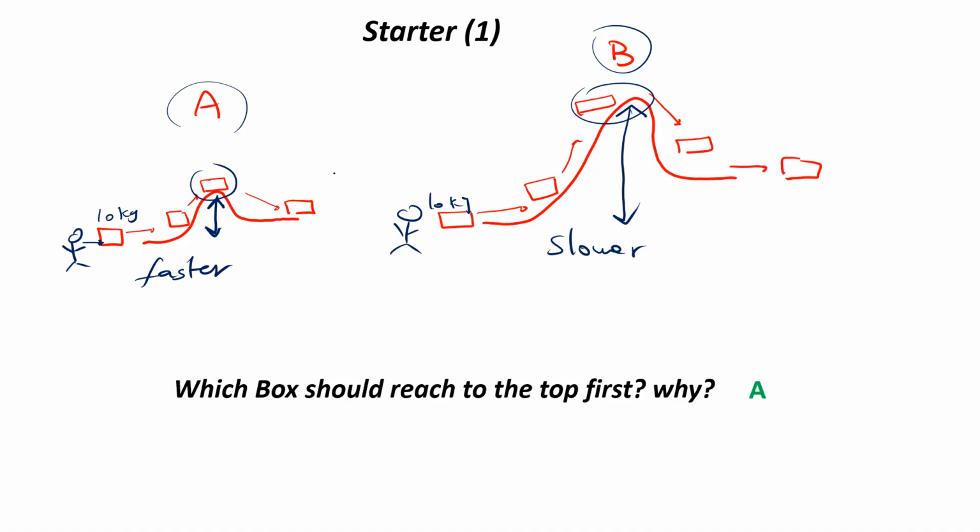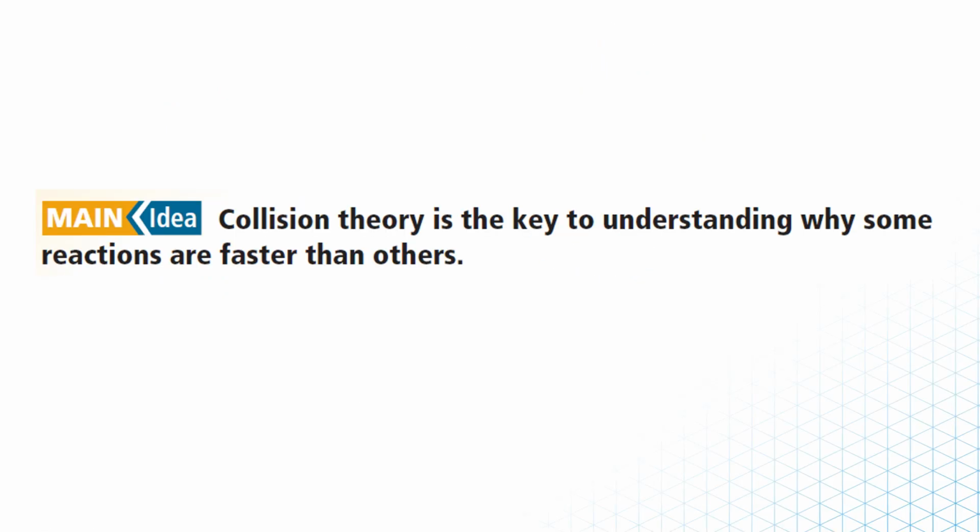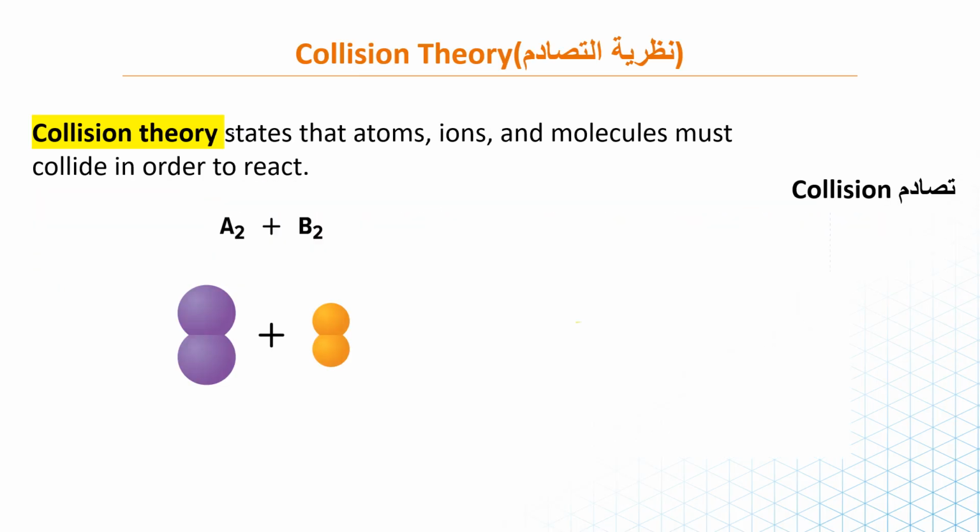Now keep this image in your mind. خلوا هاي الصورة عندكم. If this distance is small, the box will reach faster. If this distance is high, the box will reach slower. Okay? You will see when we are going to use it. So, how can we tell if a reaction is fast or slow? By using the collision theory. What is the collision theory, guys? نظرية التصادم.